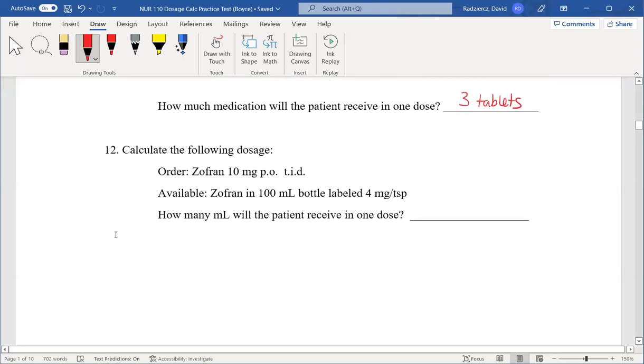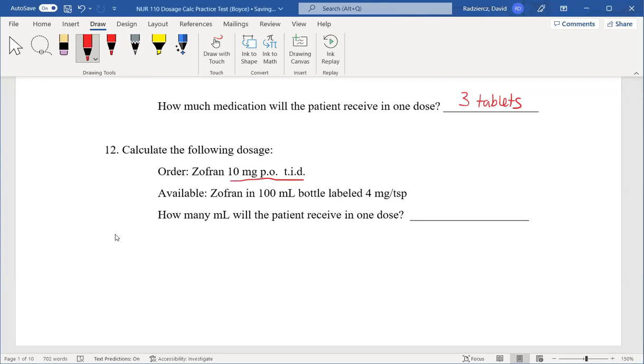Zofran. Order is 10 milligrams by mouth 3 times a day. Available as Zofran in a 100 milliliter bottle, which is important because we want to make sure we have enough quantity. But what we care about is the strength, 4 milligrams per teaspoon. And this tells you how many milliliters the patient will receive in one dose.